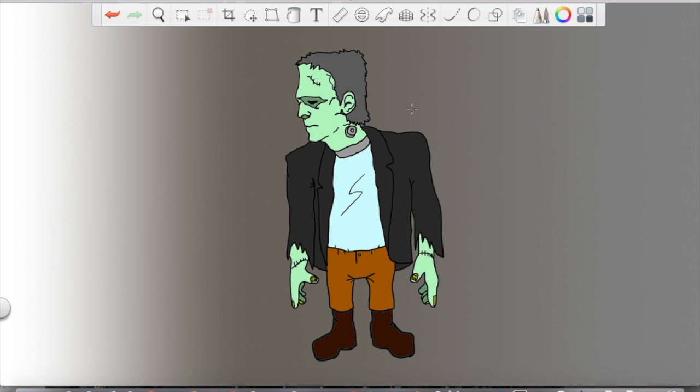If we think about the actual Frankenstein monster, and if you've read the book Frankenstein by Mary Shelley, essentially the monster is made up of parts of different human beings, right?